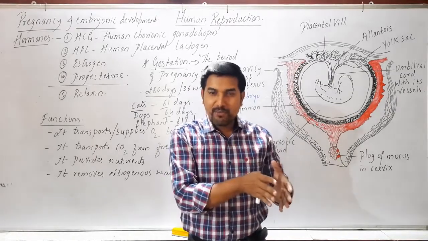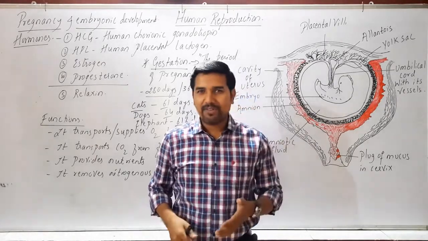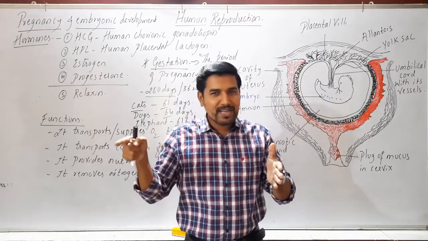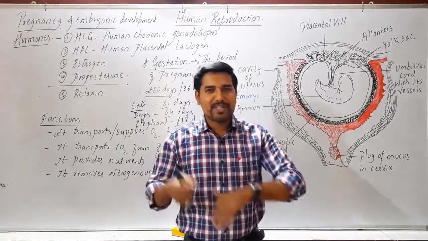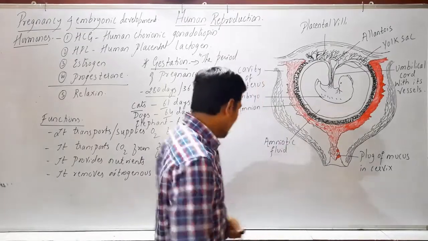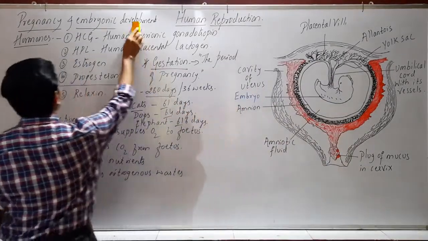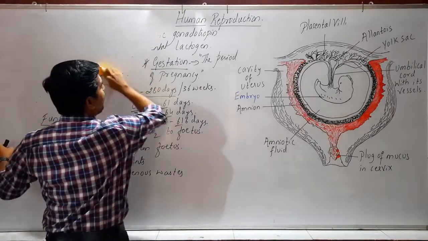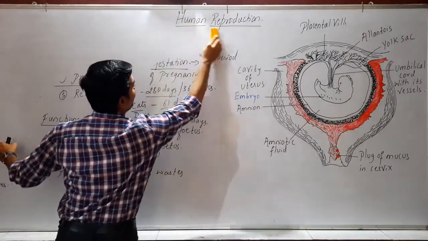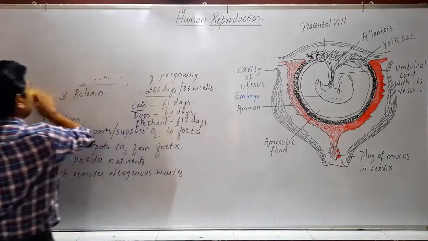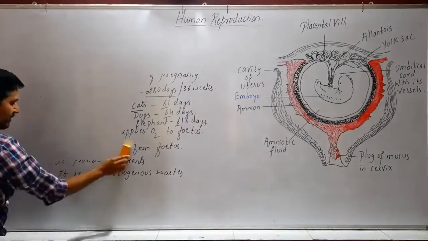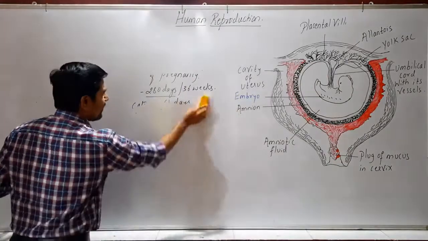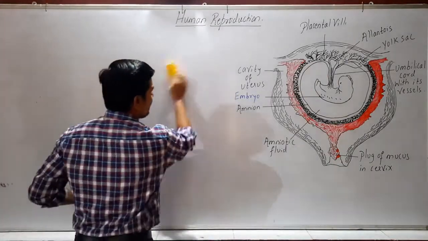This blastocyst, also called the blastula in other animals, undergoes cell division to form one more stage, which we call the gastrula. So what is the transformation that occurs in the blastocyst? We will see that part.